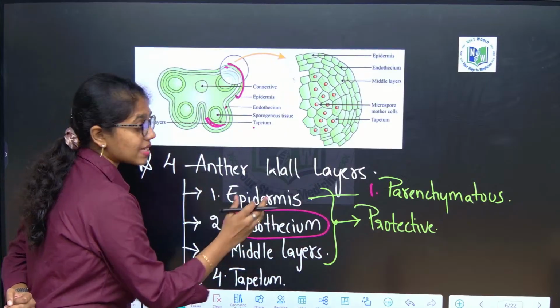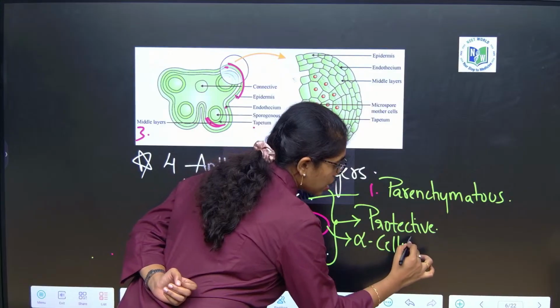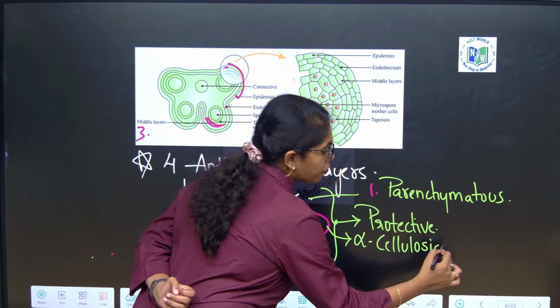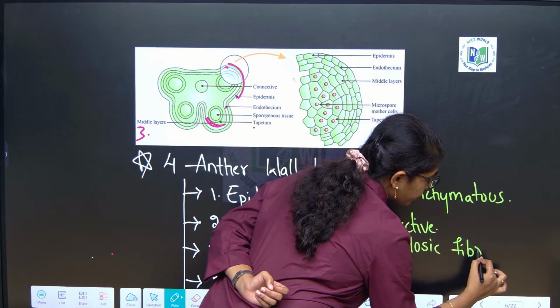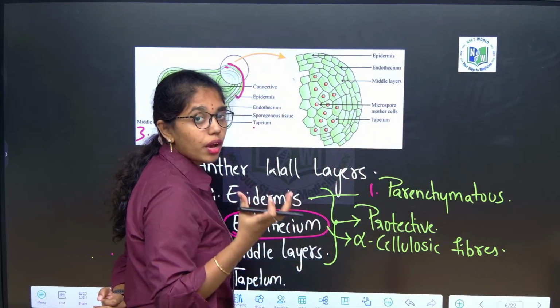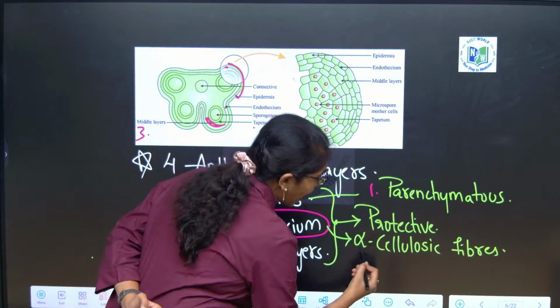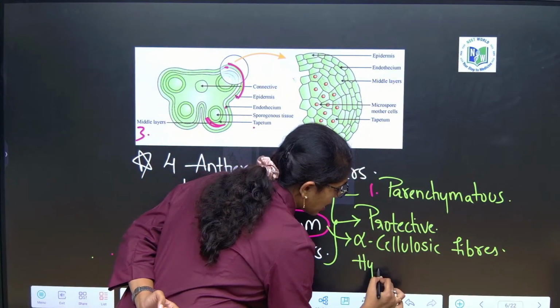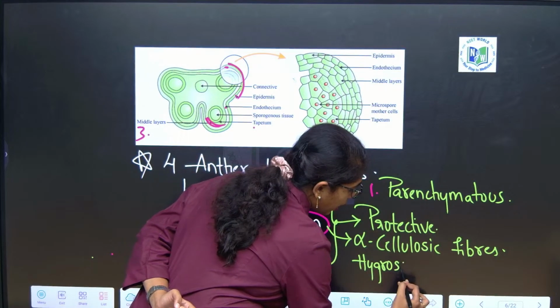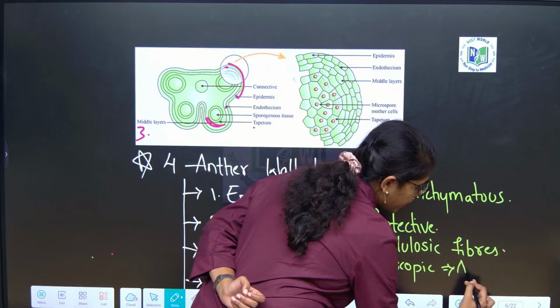Endothecium has alpha cellulosic fibers. These give a hygroscopic nature, which helps in anther dehiscence.